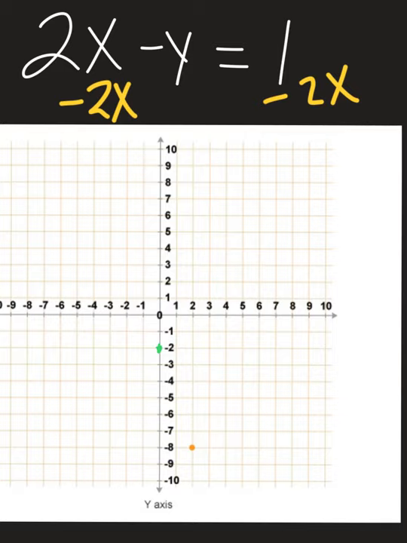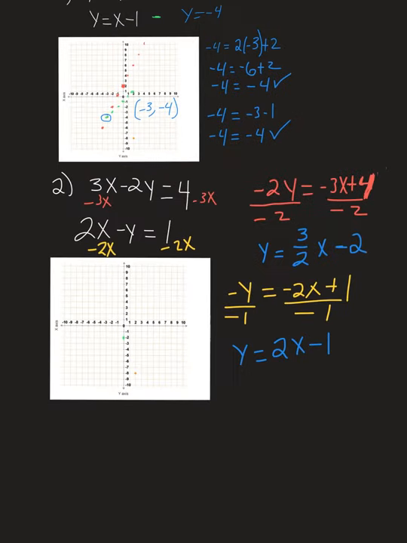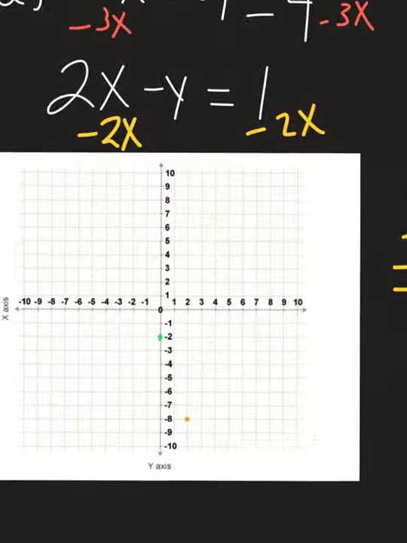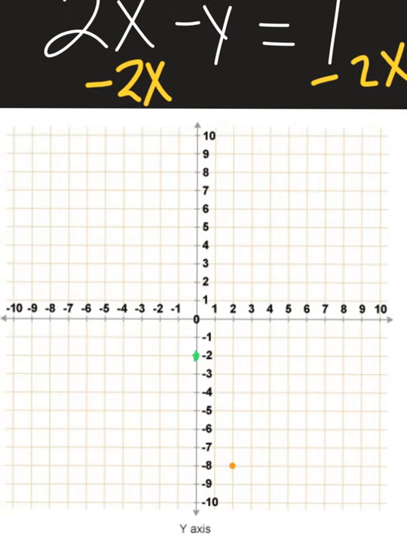And we know that our slope is 3 over 2, right? 3 over 2x. So we're going to go up 3 and over 2. We're going to do this so we get a bunch of points.